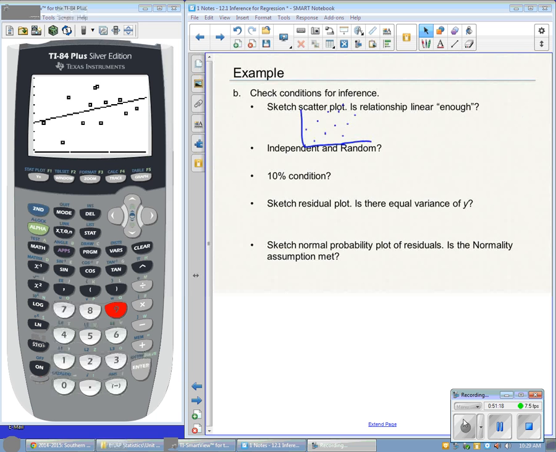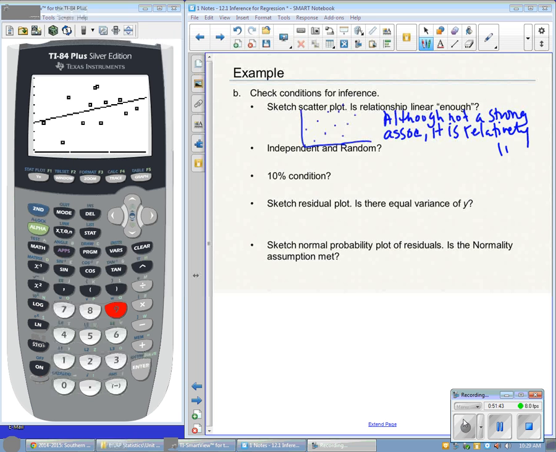Sorry. It's linear enough. I mean, it's definitely not a very strong association. So although it's not a strong association, it is relatively linear.